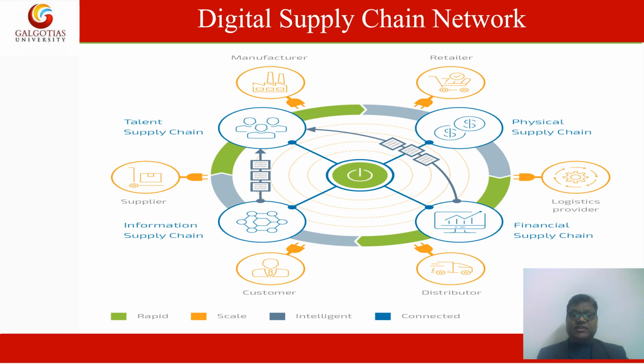These are the different stakeholders, and they are integrating things and moving towards each other. So you could identify the customer, the information supply chain, and then the supplier, which is the talent supply chain, and the manufacturer.